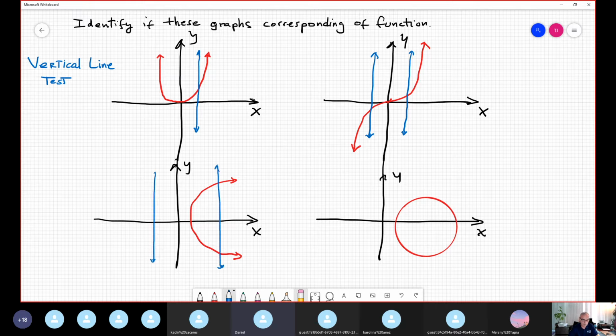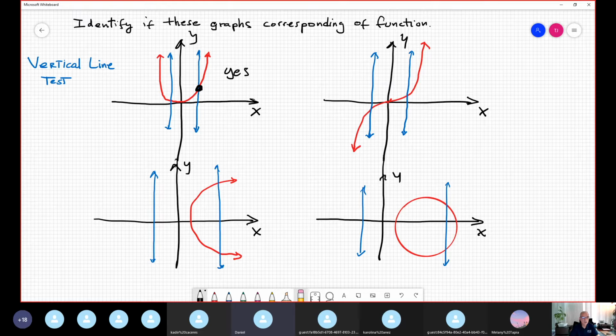Another. Infinity of vertical lines, here or here. If the vertical line crosses our graph, the curve, in only one point, it's a function.